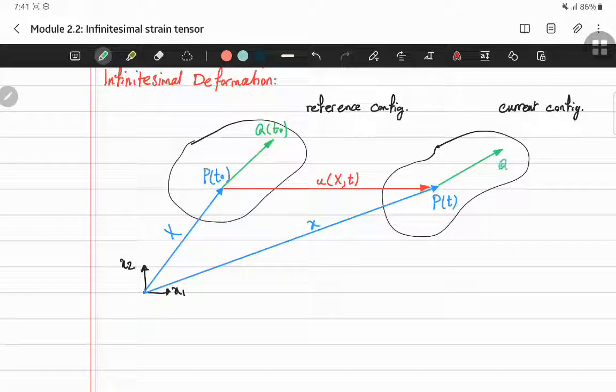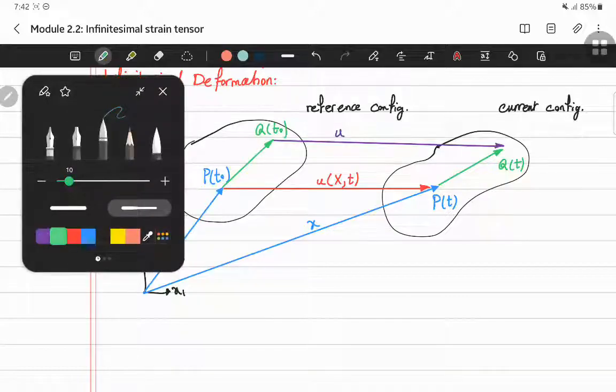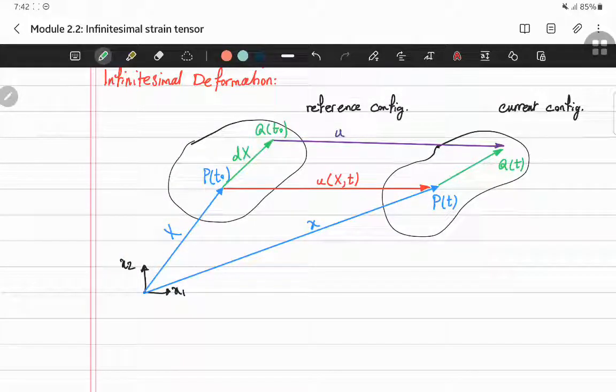And their corresponding displacement vector is u here, but we can see that this is changing by dx.